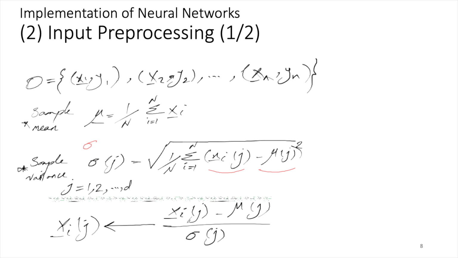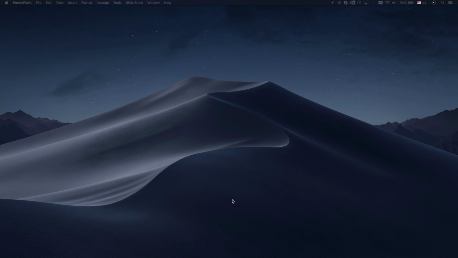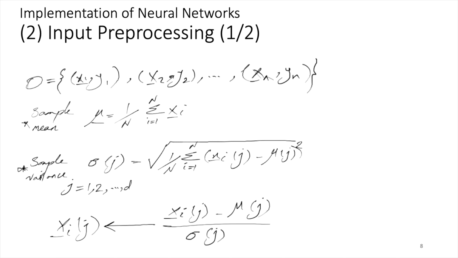Now you have your input x's for all the i's, and you have the mu's. For each x_i of j, you can compute this minus its average, divided by sigma.